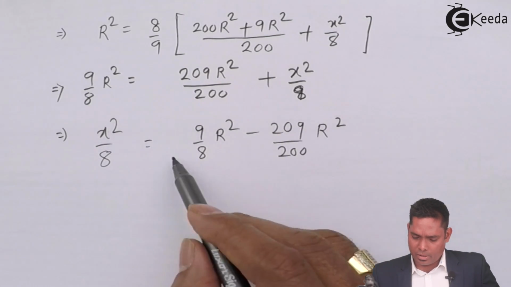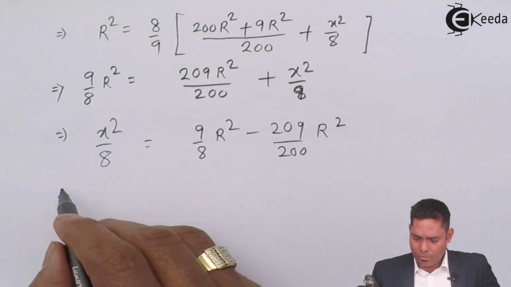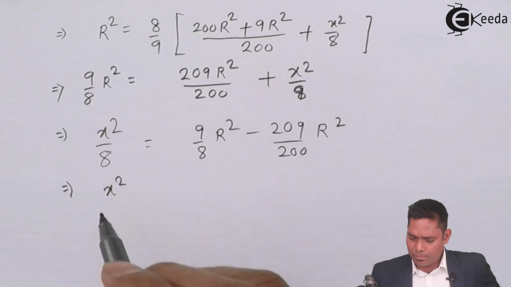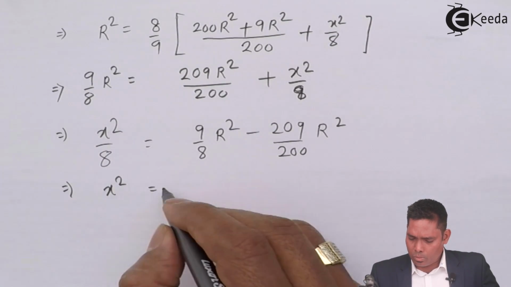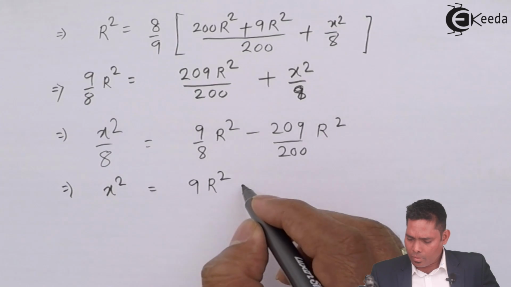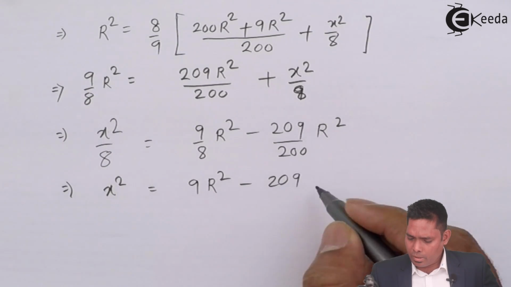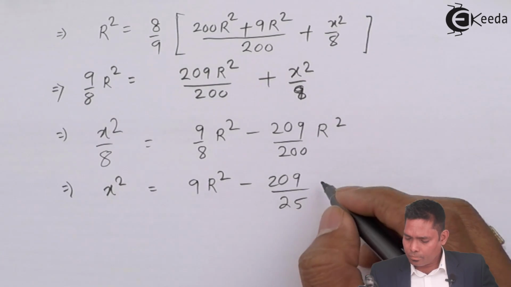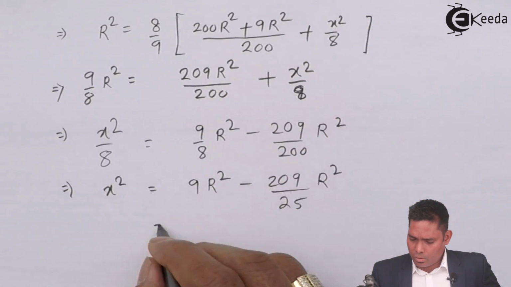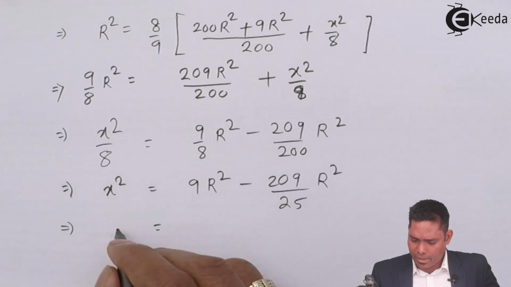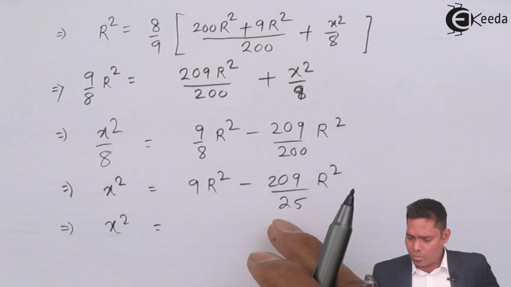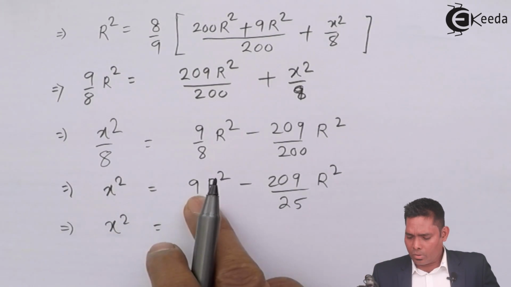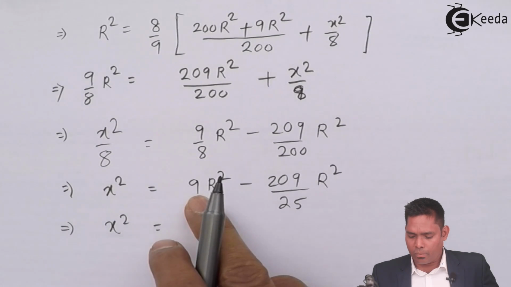If I cancel this 8, this will be 25, so that means x square equals 9 r square minus 209 divided by 25 r square. So this implies that x square is 25 times 9, it is 225.